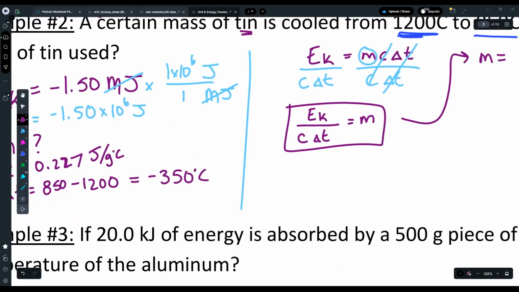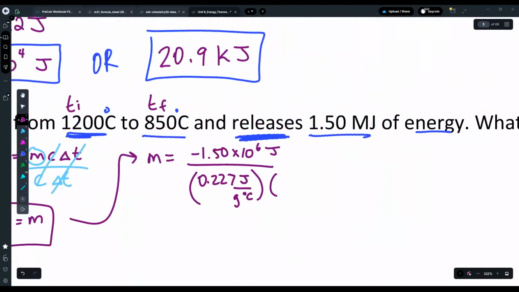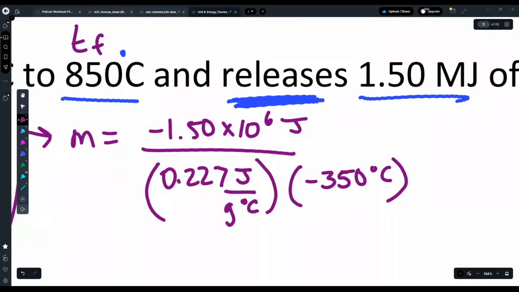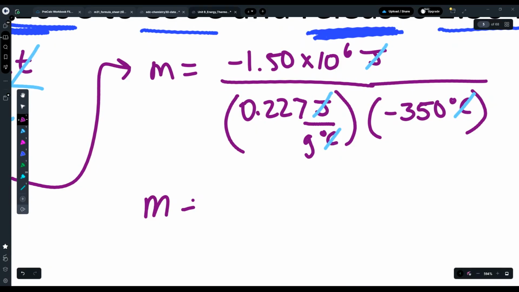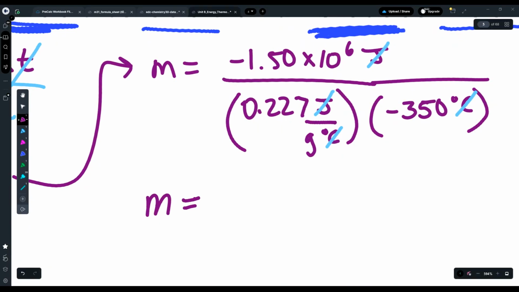And then change in temperature was negative 350. Looking at this, I've got joules in the top and the bottom. I've got degrees Celsius, top and bottom. So for my mass, we know that our units are going to be in grams.